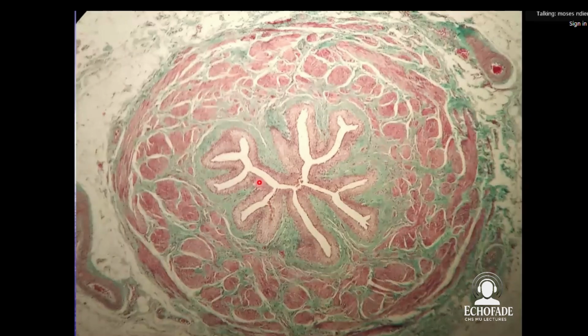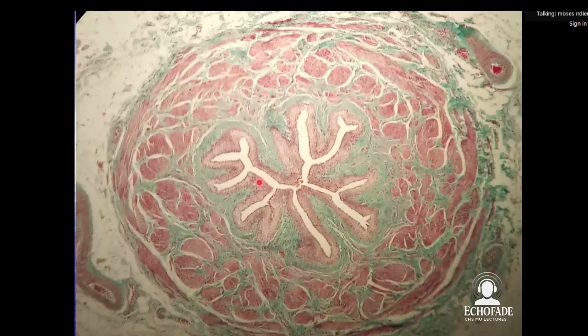Now, the ureter enters the urinary bladder at an angle. Because of that, there is a very thin part which covers the entry of the ureter on the luminal side.